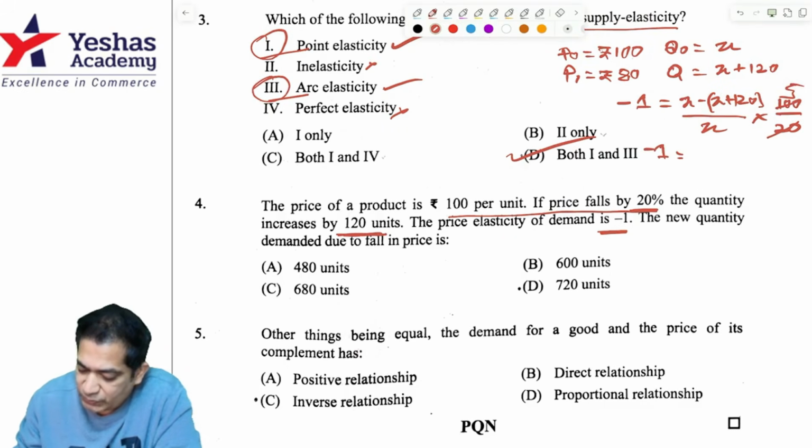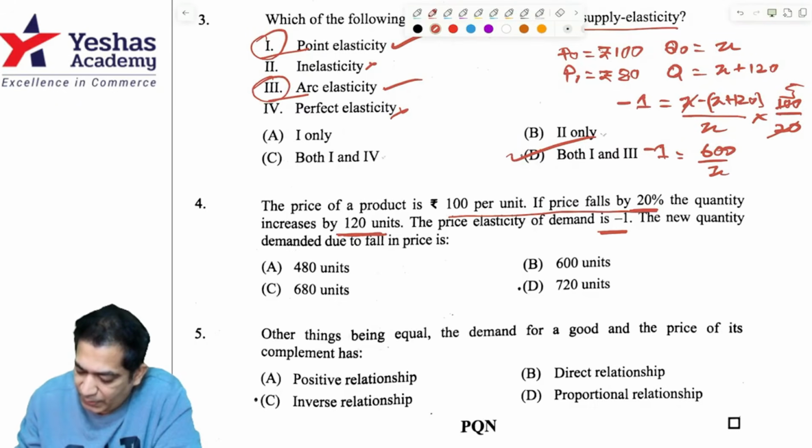-1 equals X minus X, so it's gone, and 120 multiplied by 5, that will be 600 by X. So 600 by X minus 1 is equal to 600 by X. So minus X will be X if it goes here. So here it will be 120.